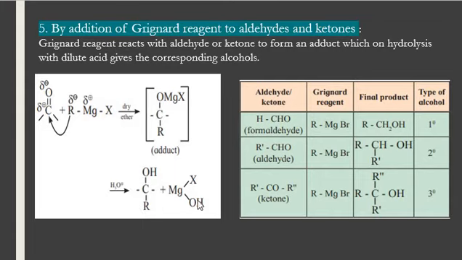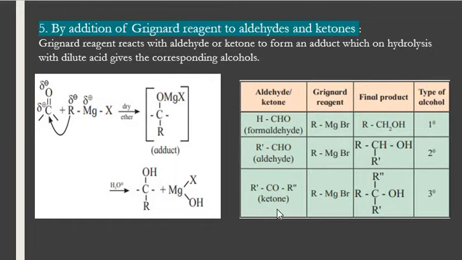along with the byproduct. If you are taking formaldehyde, or methanal, and you are adding Grignard reagent like RMgBr, where R is the number of carbon atoms whatever you require in the final product, you will be getting 1 degree alcohol. If you have taken aldehydes which have more number of carbon atoms, and you are adding Grignard reagent RMgBr, again you will be getting secondary alcohol or 2 degree alcohol.